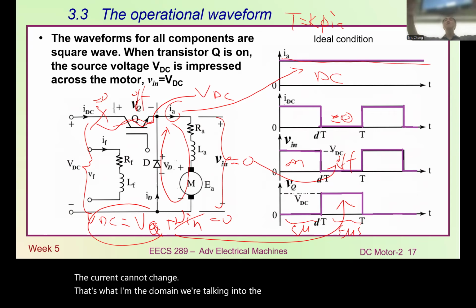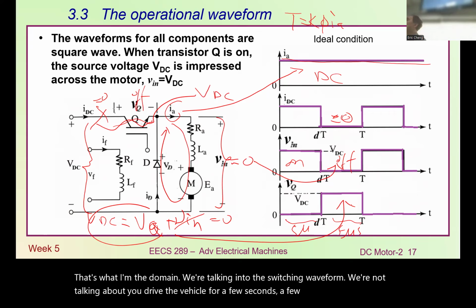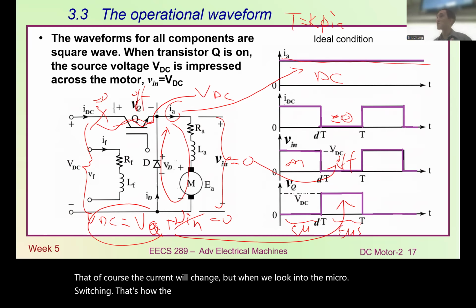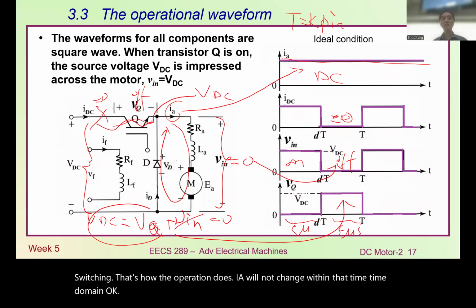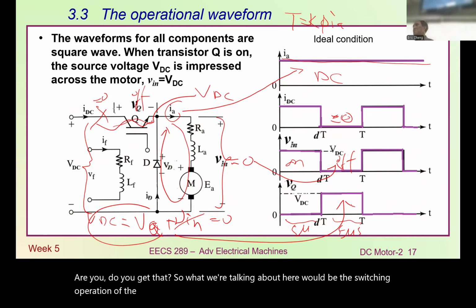We're not talking about driving the vehicle for a few seconds or a few minutes. Then, of course, the current will change. But when we look into the micro switching, the IA will not change within that time domain. Okay? IA, do you get that? What we're talking about here is the switching operation of the transistor to the motor, how they look.